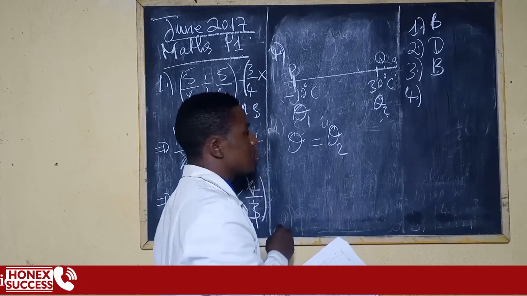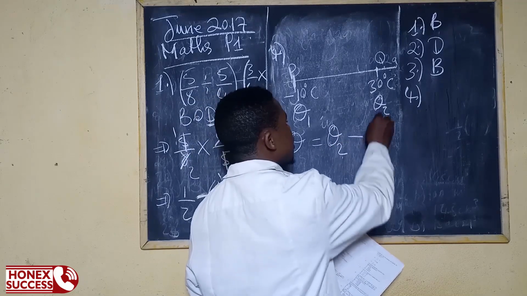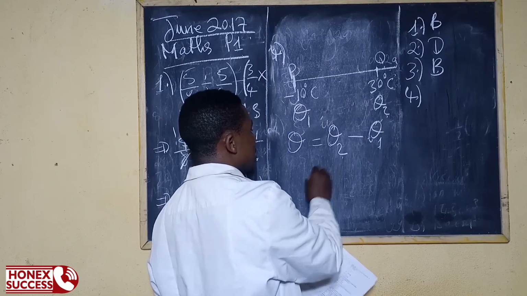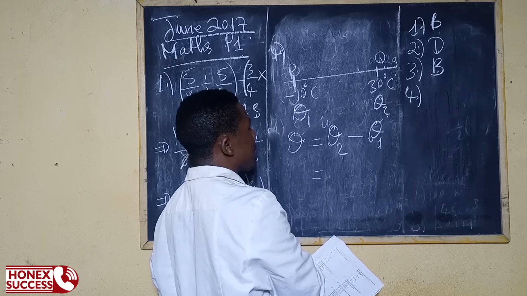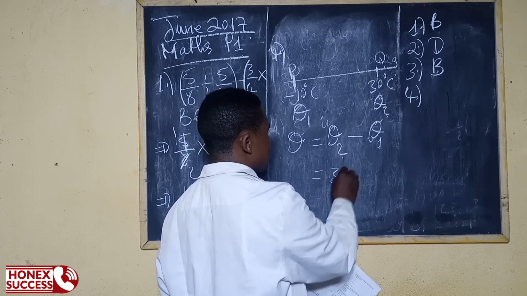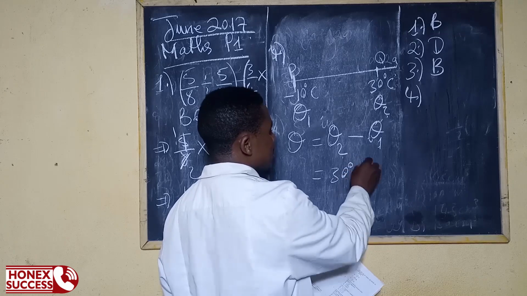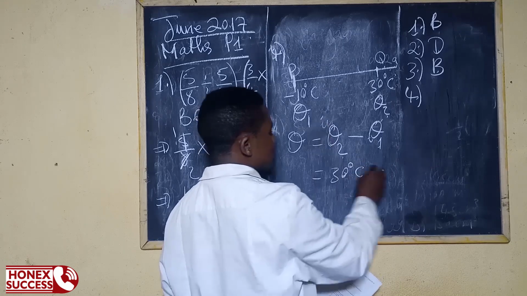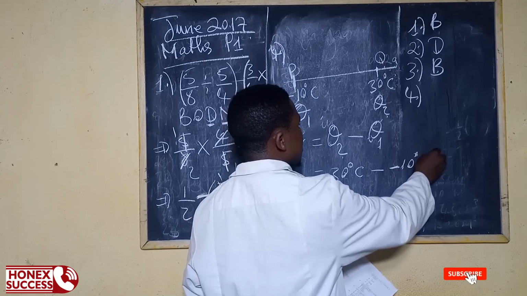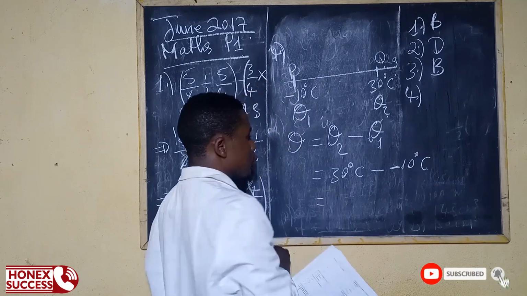And this can be written as, we substitute the values. Theta 2 is 30 degrees Celsius minus minus 10 degrees Celsius, which is going to give us a temperature increase of 40 degrees Celsius.